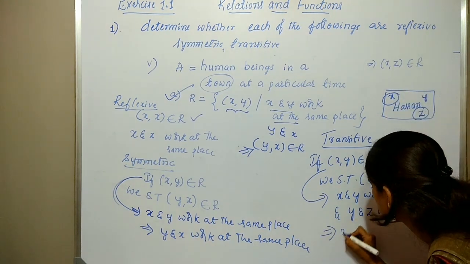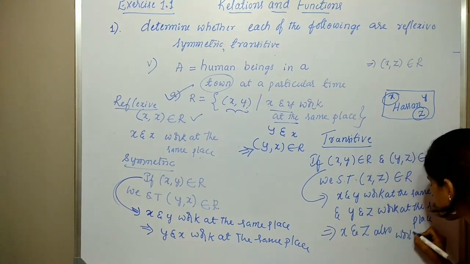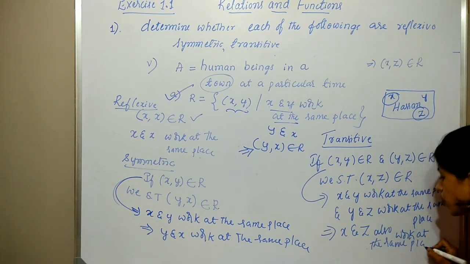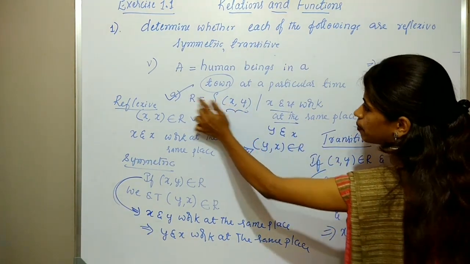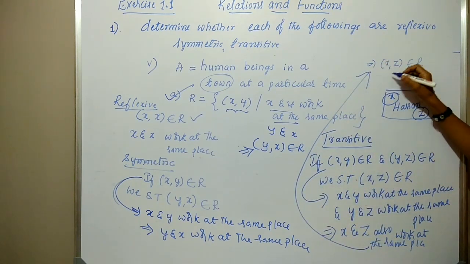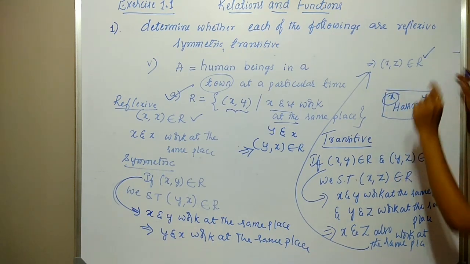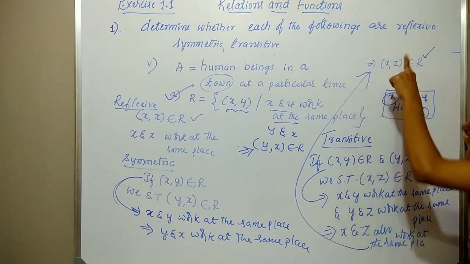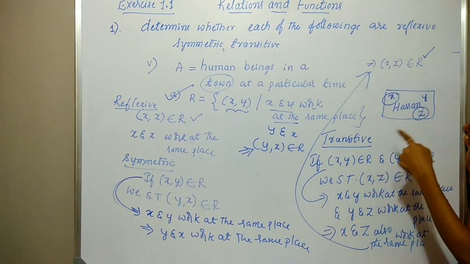So x and z work at the same place means x comma z belongs to R. So we have x comma y belongs to R and y comma z belongs to R, which implies x comma z belongs to R. So R is transitive.